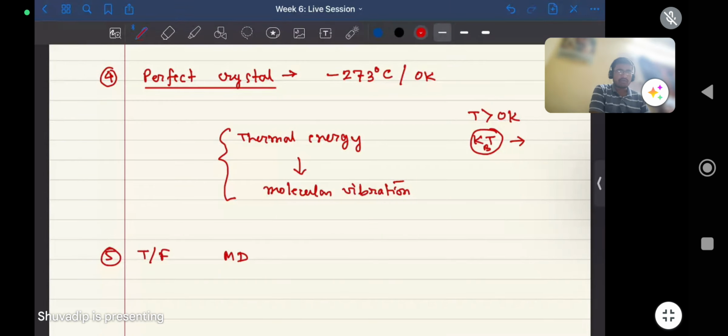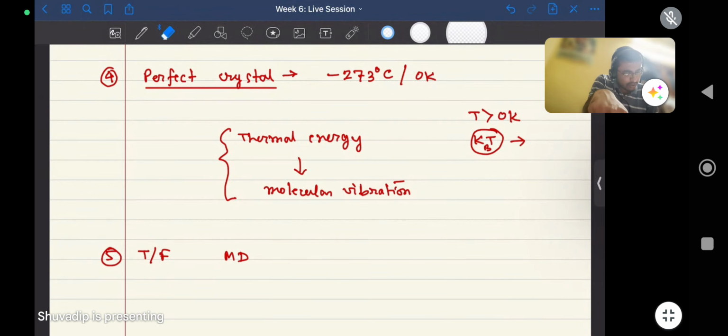So molecular dynamics simulation is not only applicable to equilibrium, but it also shows us the path to reach the equilibrium. Unlike the Monte Carlo simulation, in molecular dynamics we can also see the trajectory to reach equilibrium. So it is well applicable to the equilibrium scenario, but also applicable to see the path.